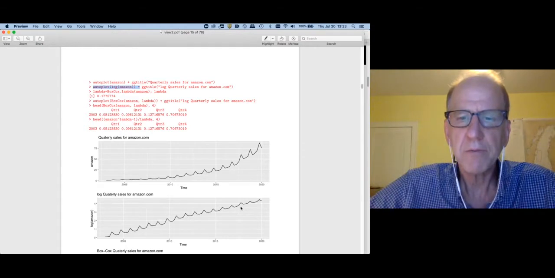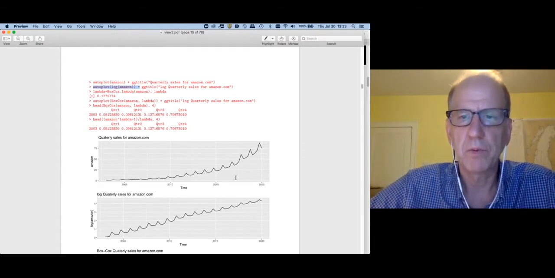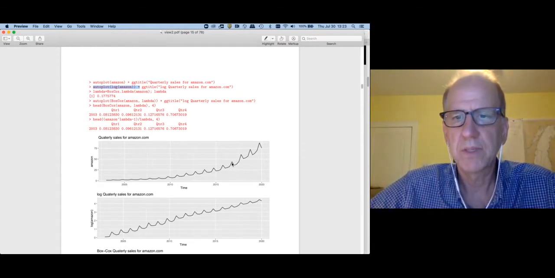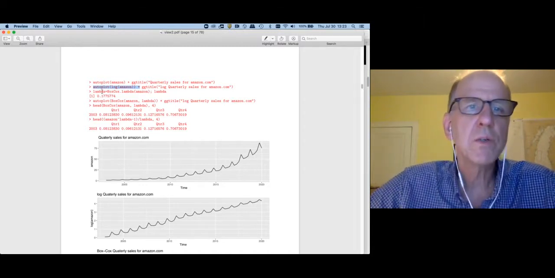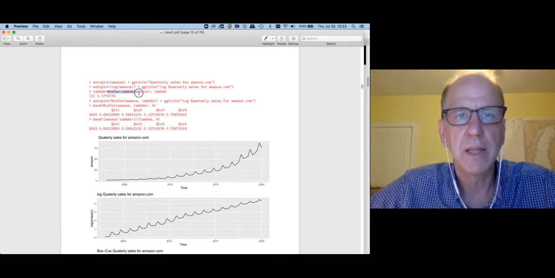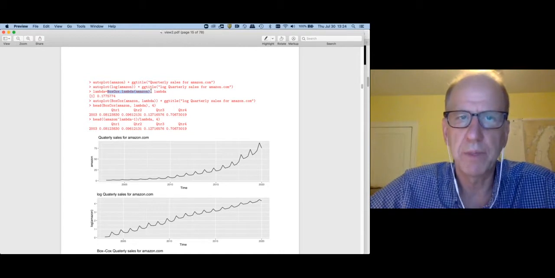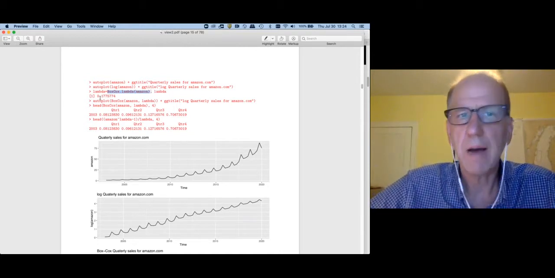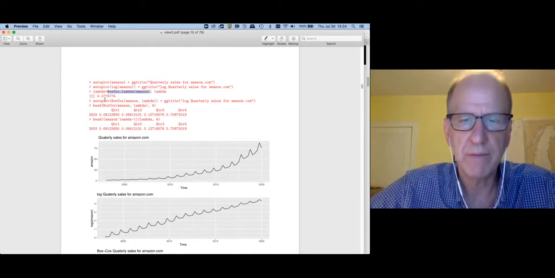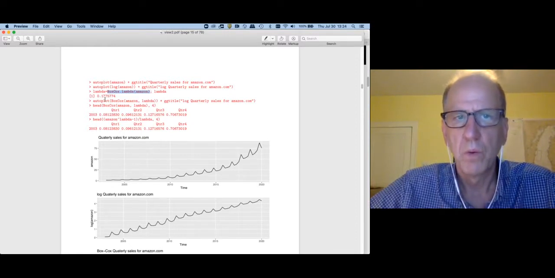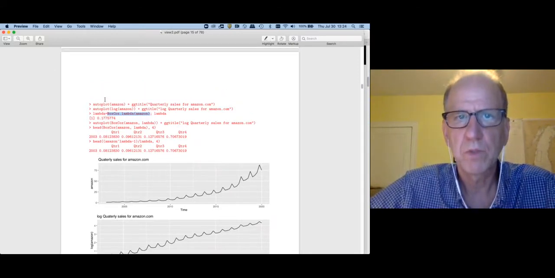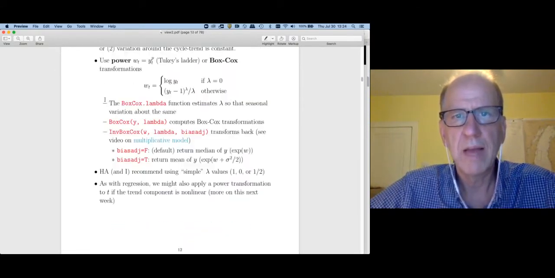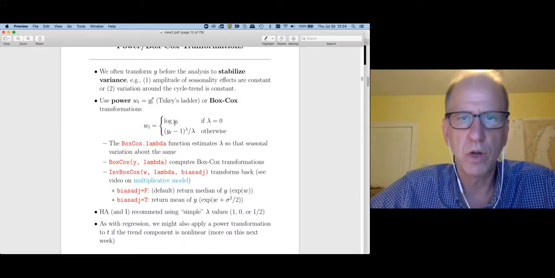But is that really the optimal lambda value to produce the same amplitude across the whole plot? Well, we can use the BoxCox.lambda function to estimate the optimal lambda. And what you're going to see is the optimal lambda is about 0.17. So it's actually fairly close to 0. Remember, a lambda of 0 is the log function.